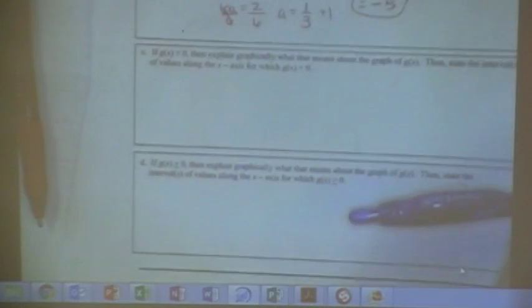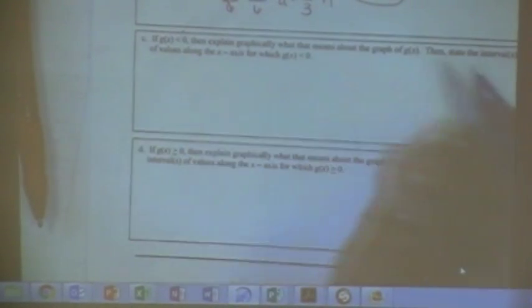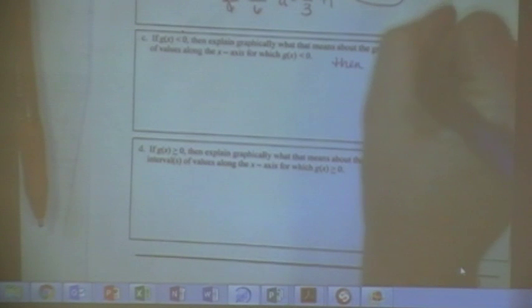Alright, then on C, g of x is less than 0. Explain what this means about the graph. Well, if it's less than 0, then g of x is below the x-axis.